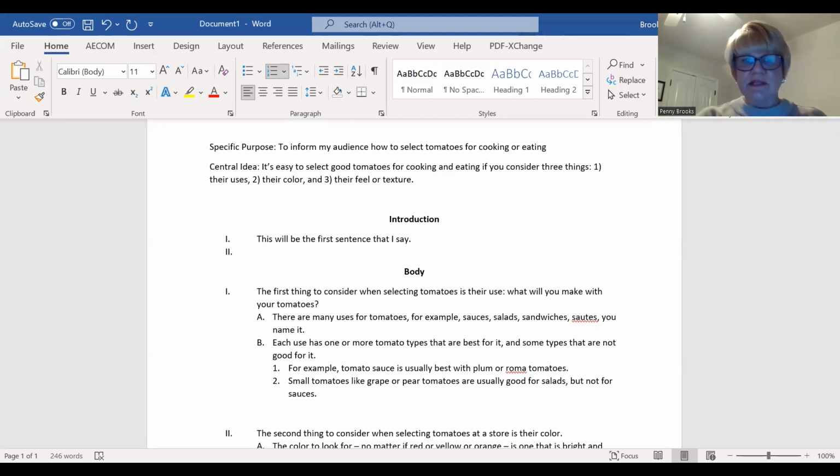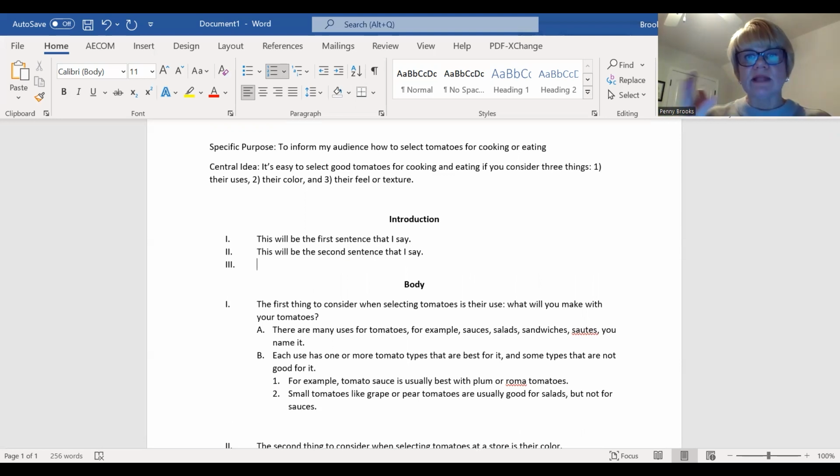So the first sentence I say is going to be Roman numeral 1 under introduction, and that's not what I'm going to say, but that's a placeholder. This will be the second sentence that I say, and we're going to put sentences down until the very last thing before the body, and that will be the central idea. So moving from my introduction to the body, I'm going to throw out my central idea.